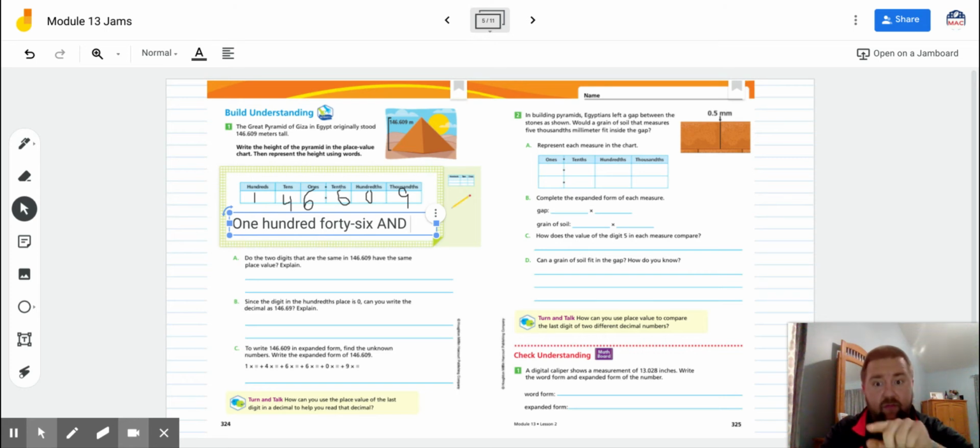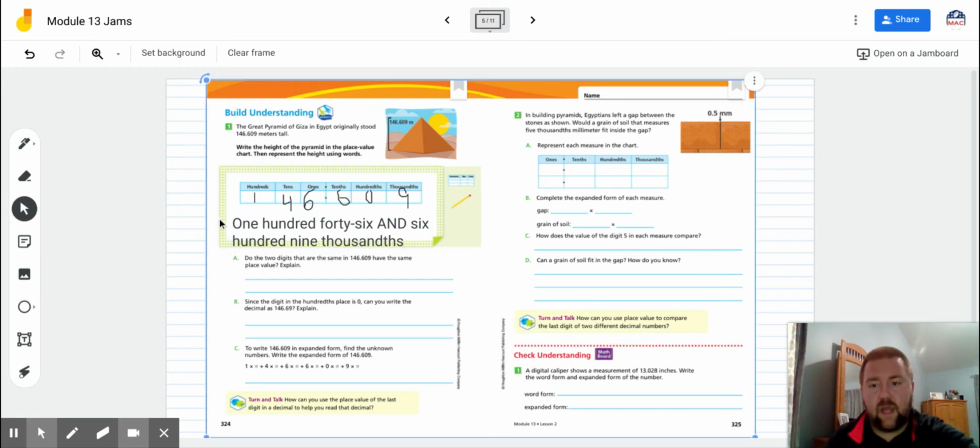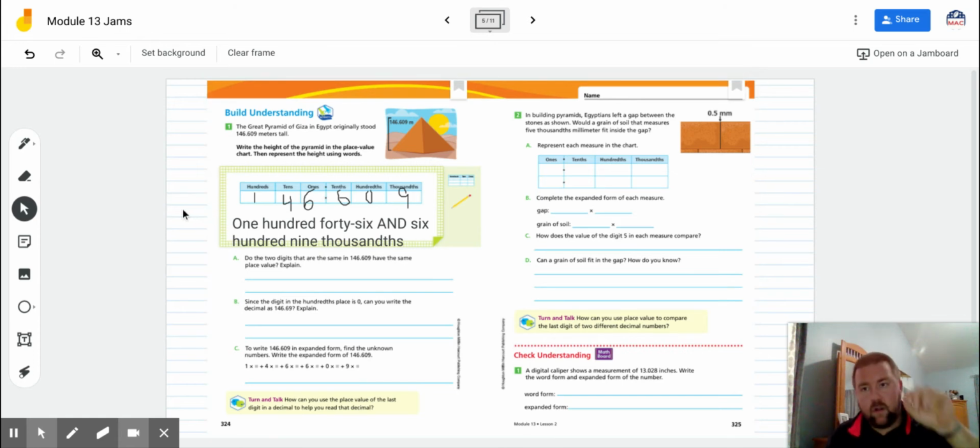Then we read the whole decimal number, 609. And what place does it end in? It ends in the thousandths, so we would say 609 thousandths. That's how we would write this out in word form. Again, you read the whole number, say "and" for the decimal, then you read the decimal number, and then tell me what place it ends in.